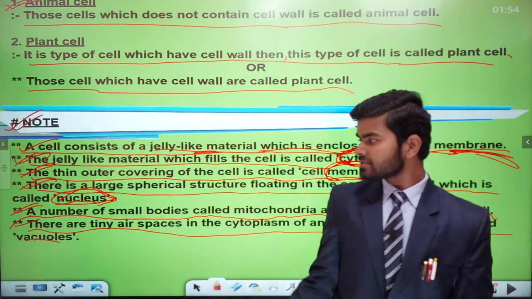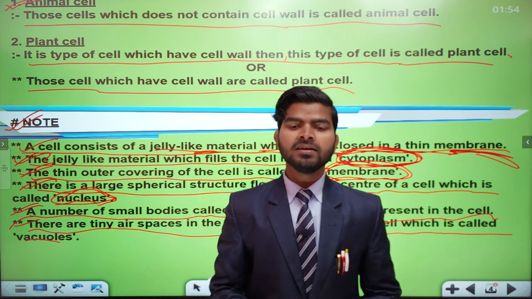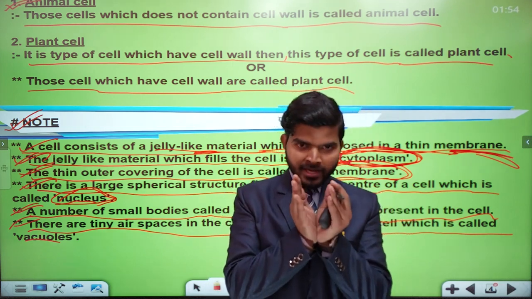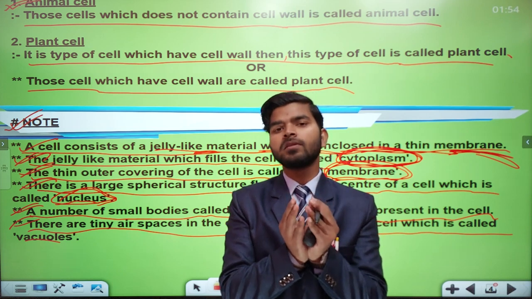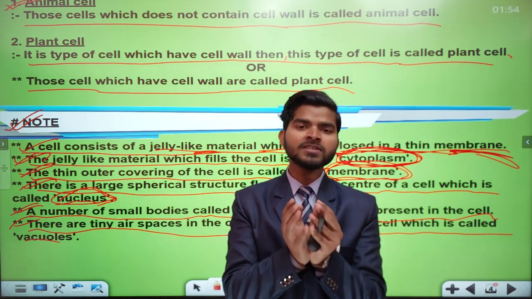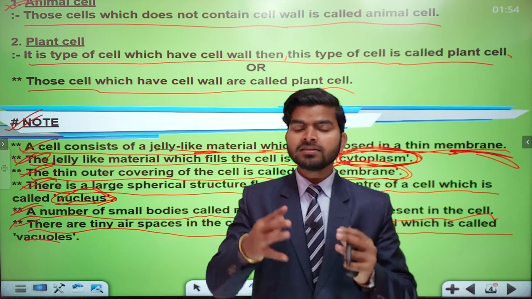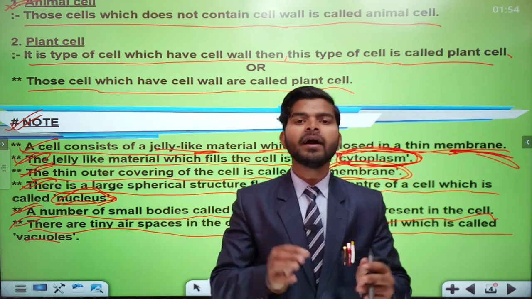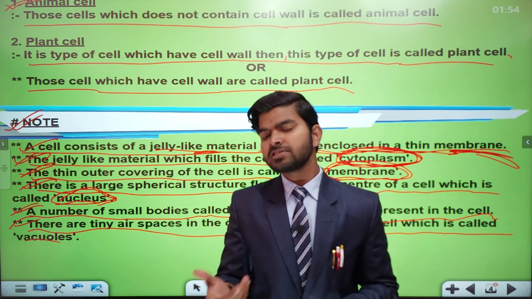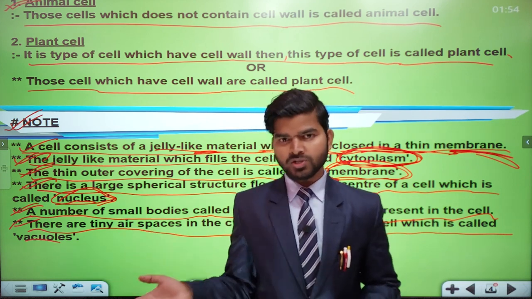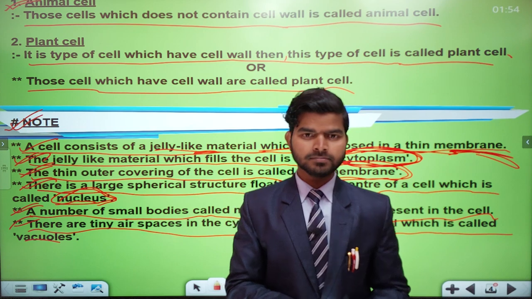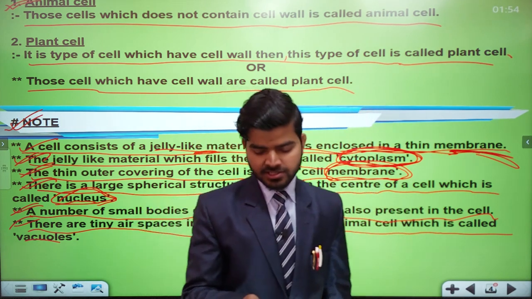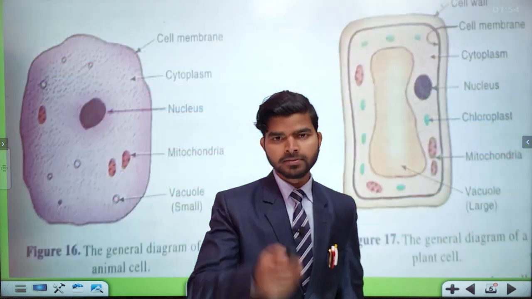If someone asks you what is vacuoles, you will simply say that vacuoles are the air-like spaces where waste material is stored inside the cell. These air spaces inside the cell are termed vacuoles. All clear? Then we can move to the next one.